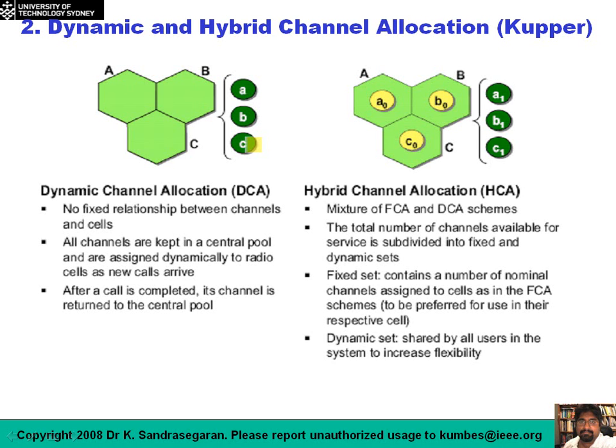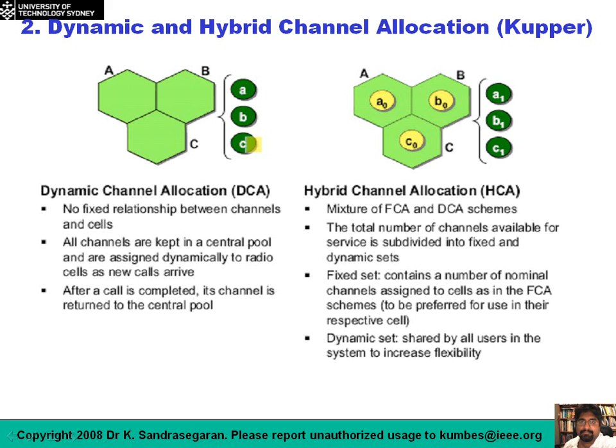So here in this case, there's no fixed relationship between channels and cells. Any channel can be allocated to any cell. And obviously, once a call is completed, the channel that was allocated goes back into the pool, and it will be allocated maybe to another caller in another cell.